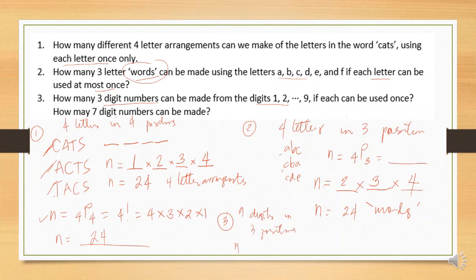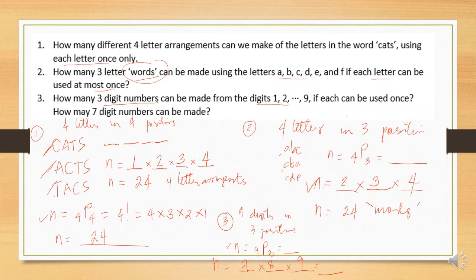So, if we use the shortcut, this is what we have. You have to process that in your calculator, or you can use this. So, this means that in 3 positions, we have 9 times 8 times 7. So, this is the same as the first one.